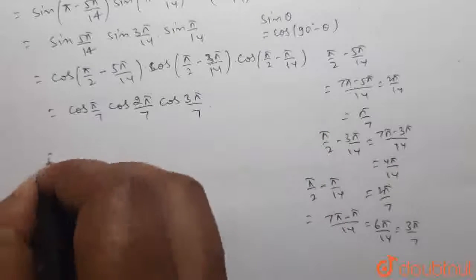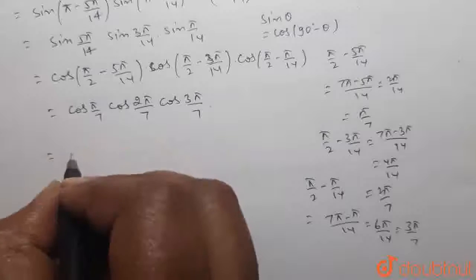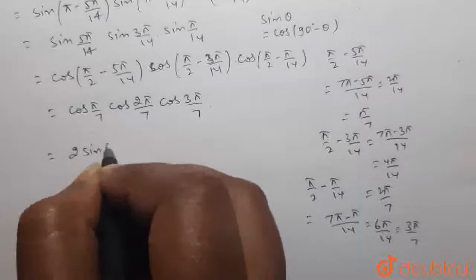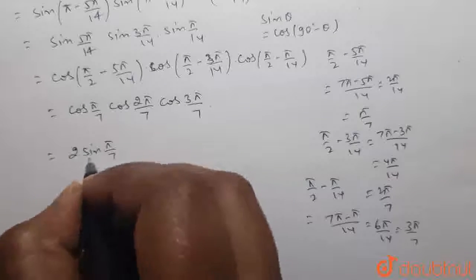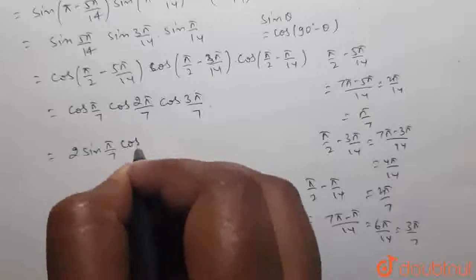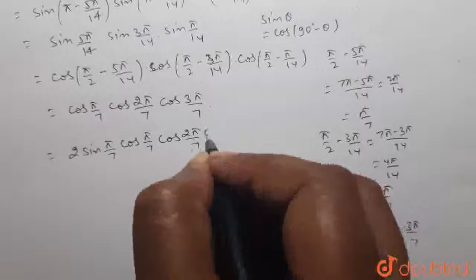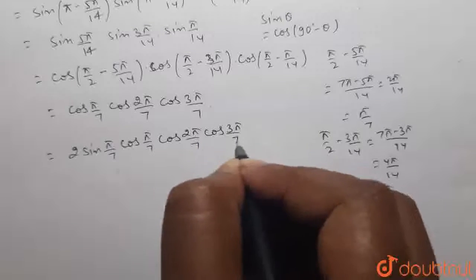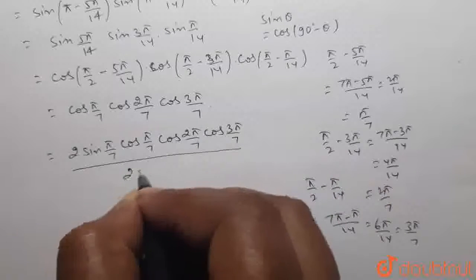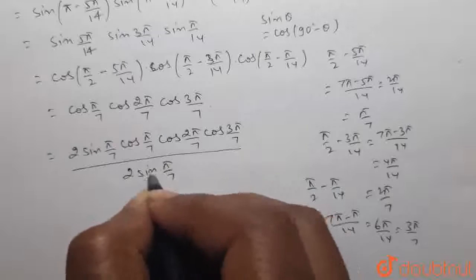Okay, now we will multiply and divide by 2 sin pi by 7. So it will be 2 sin pi by 7 into cos pi by 7 into cos 2 pi by 7 into cos 3 pi by 7 whole divided by 2 sin pi by 7.